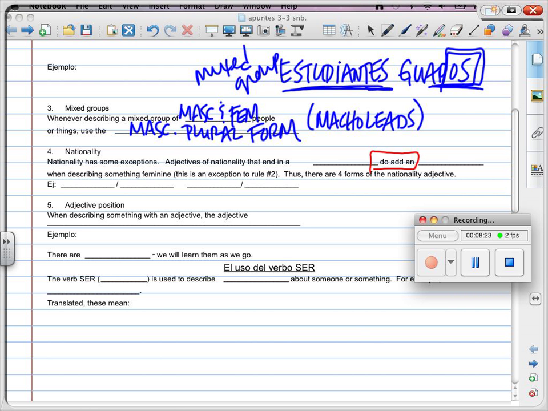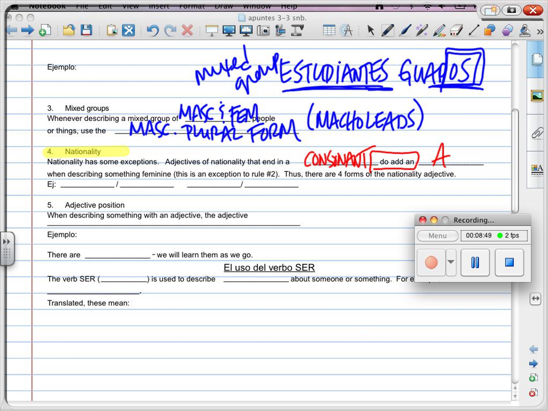But only for nationality. Let me highlight my rule número 4. Regla número 4. All right, nationality. So adjectives of a nationality that end in a consonant do add an A.